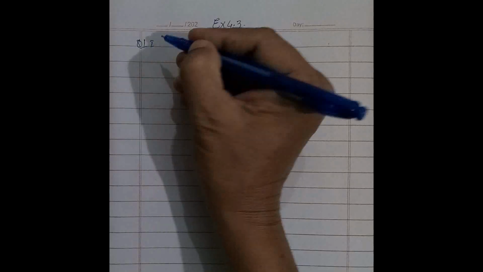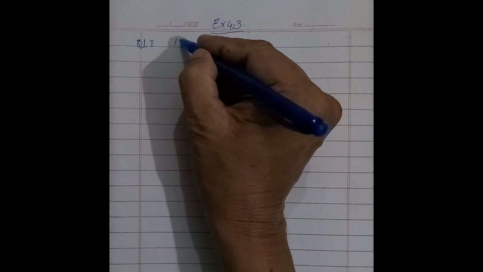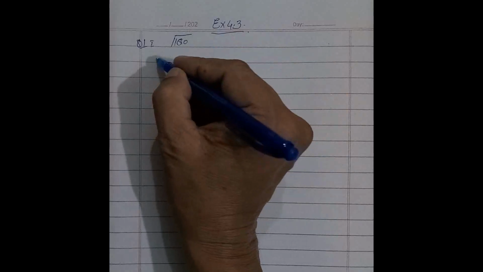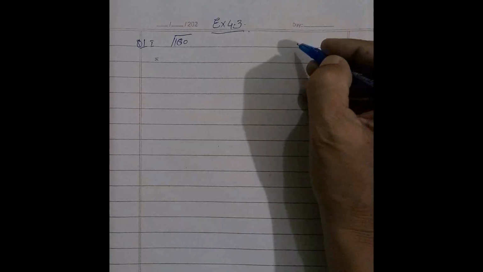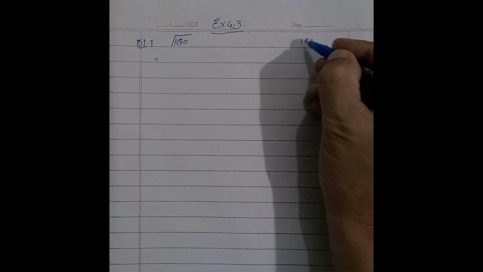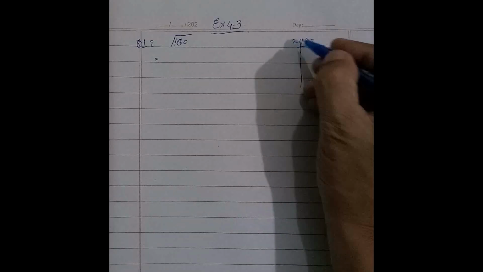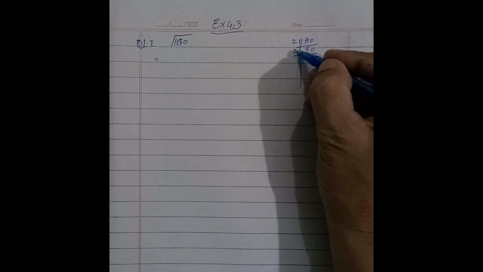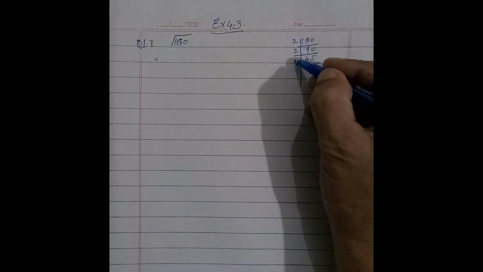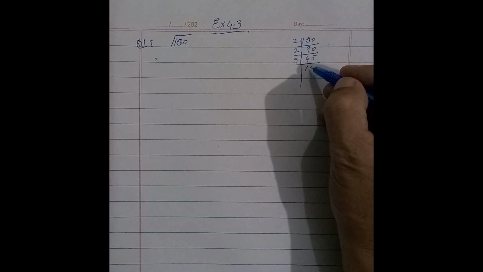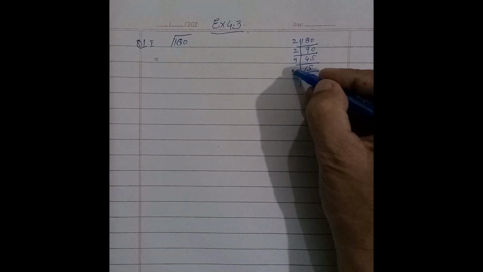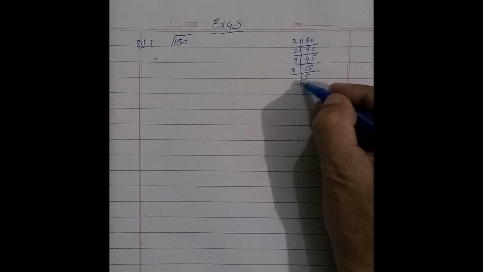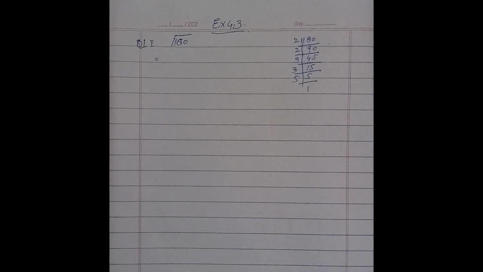Question 1, part 1 is the square root of 180. Now we factorize 180 and solve it. 180 divided by 2 we get 90, divided by 2 we get 45, divided by 3 we get 15, divided by 3 we get 5, and 5 divided by 5 is 1.